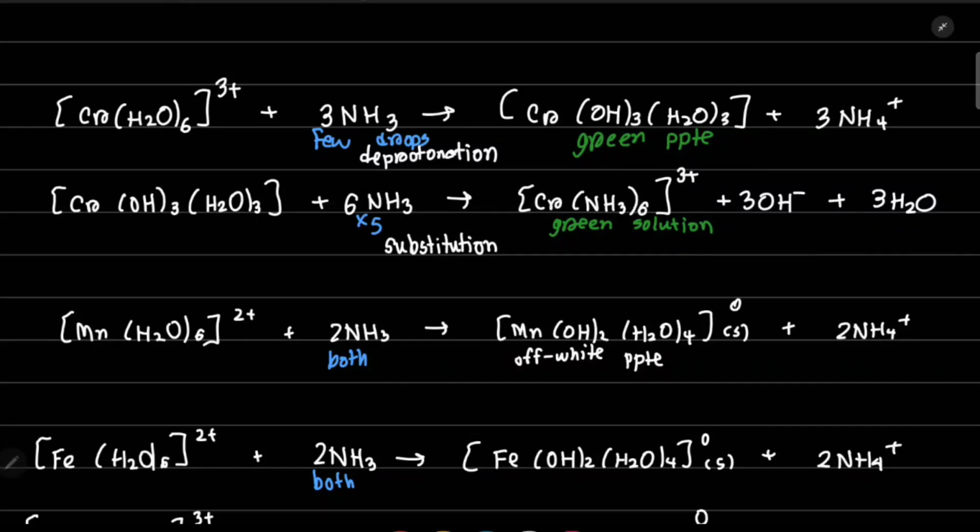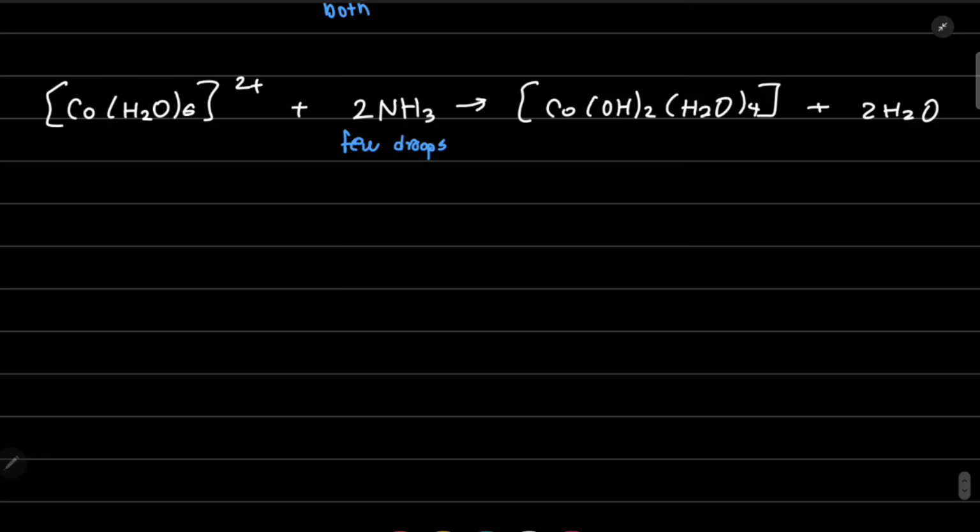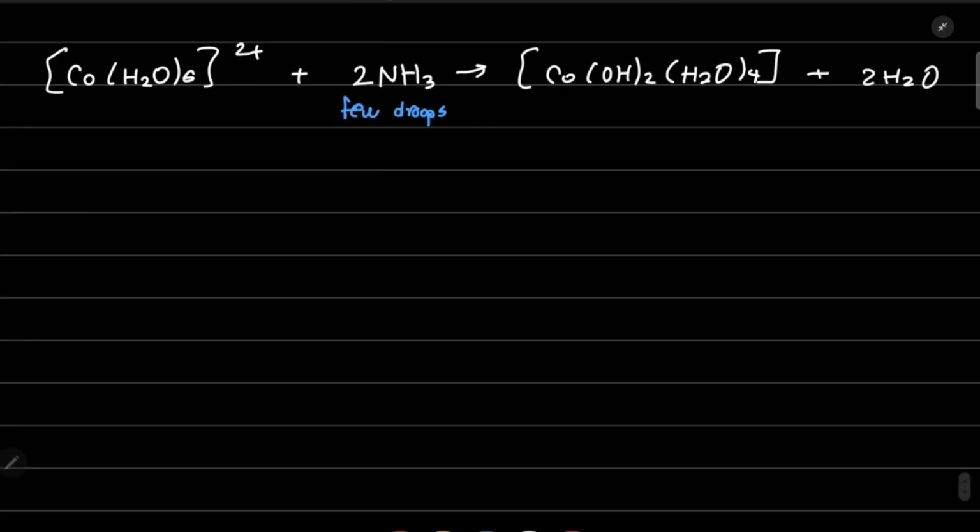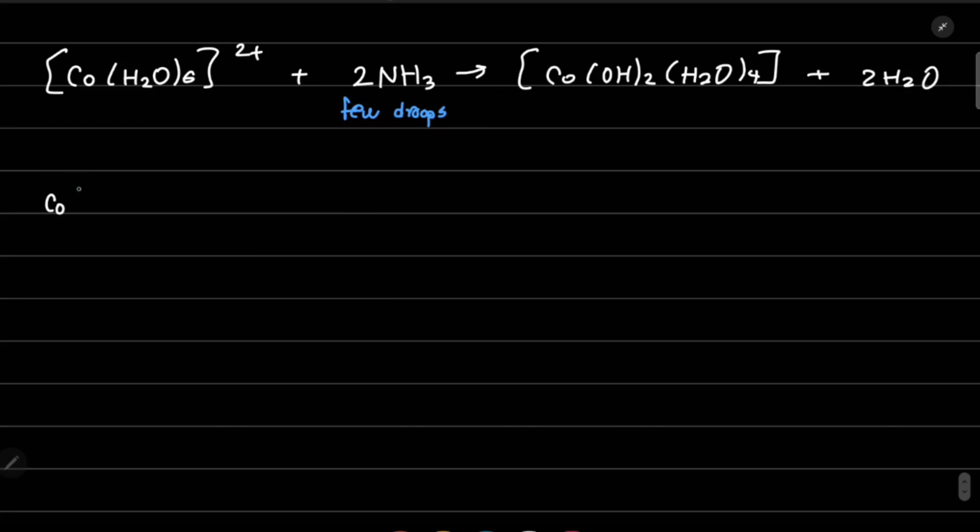This is excess. For cobalt as well, we'll have a different reaction when it's in excess. So we have Co(OH)2(H2O)4 solid with a charge of 0 reacting with 6 moles of ammonia.